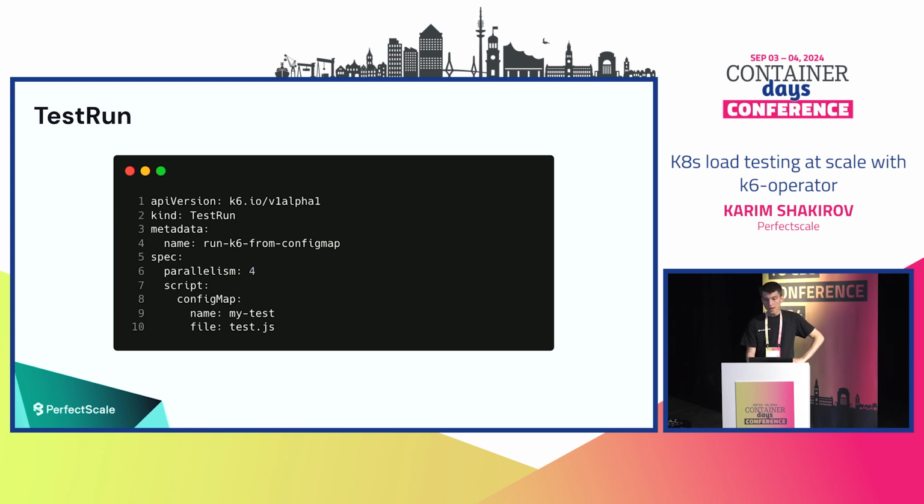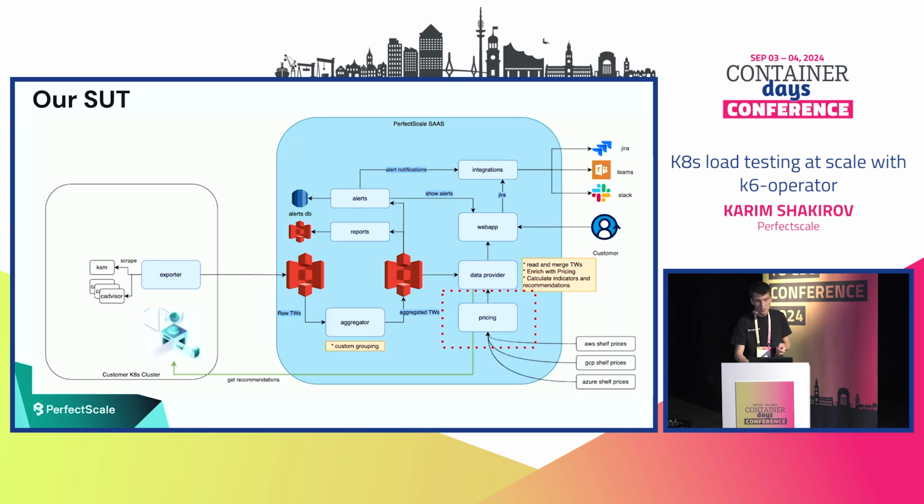Okay, and today I will show you a small demo of one of the scenarios of how we are using K6 in our environment. But before we go to it, let me introduce the high-level architecture of our infra.